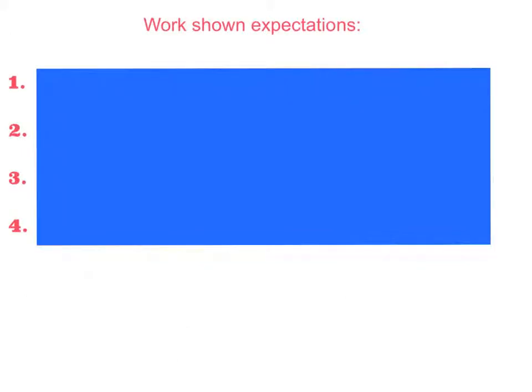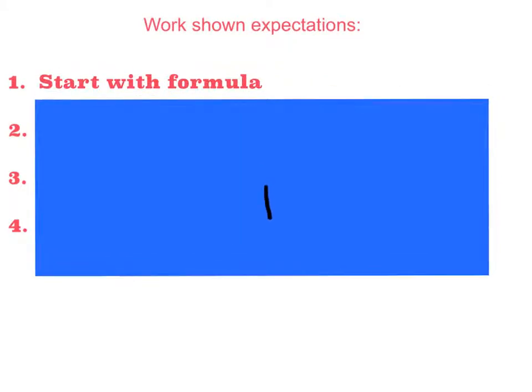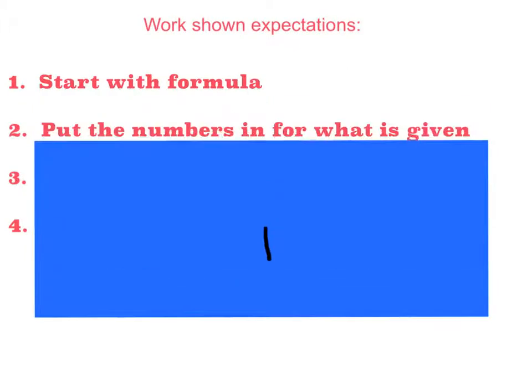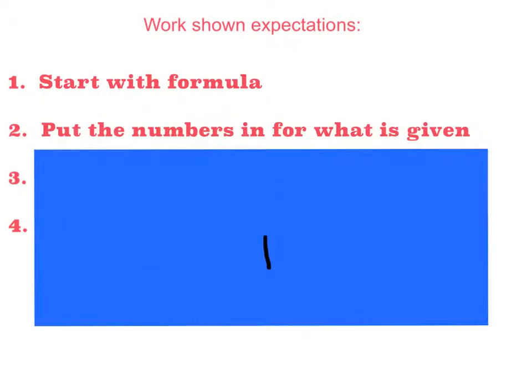With the work expectations of each of these individual problems, this is what I'm expecting to see from you in your work shown. You're going to start with the formula. Depending on what it is, you're going to put the formula down first. You're going to put the numbers in for what is given.